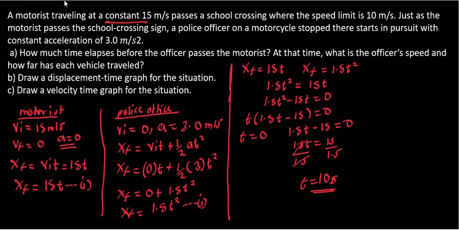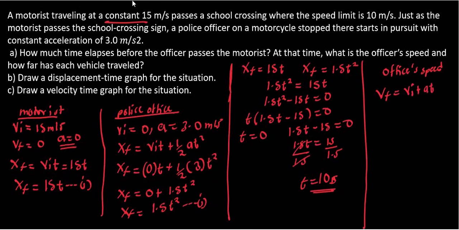They started from rest and they managed to catch them at 10 seconds. On the same question, they are asking, at that time, what is the officer's speed? So for the officer's speed, we say V final equals V initial plus a t.